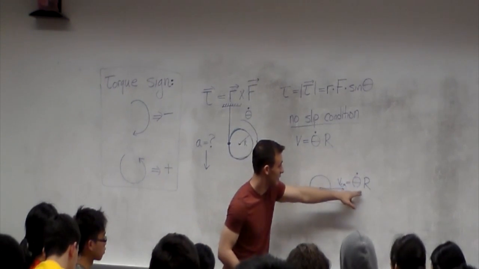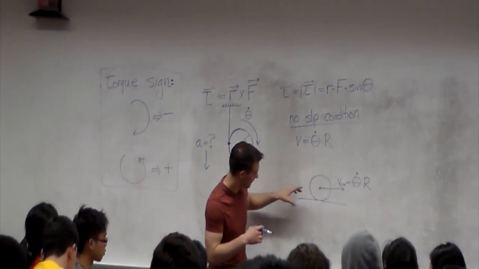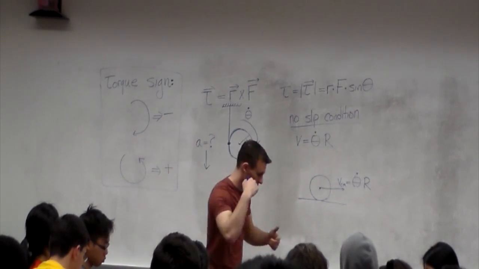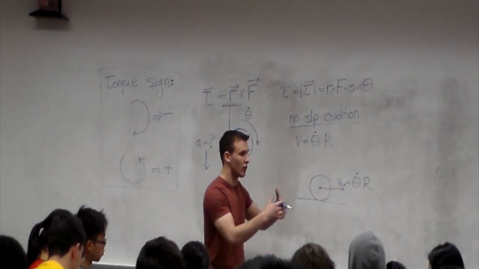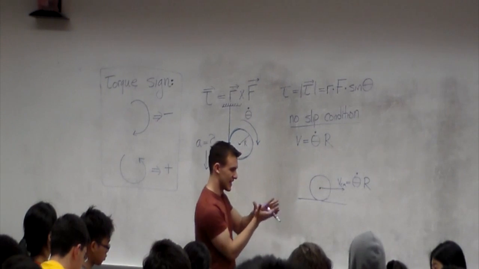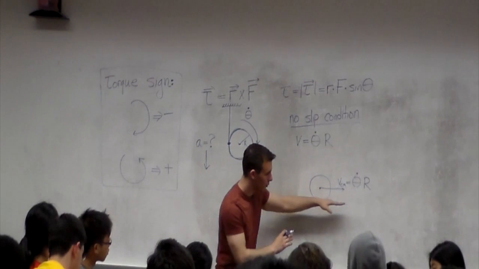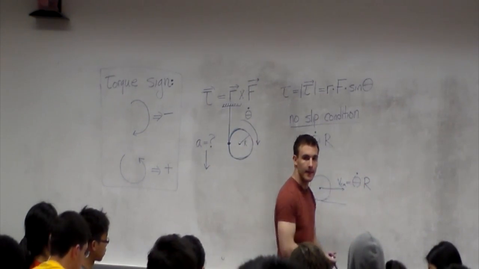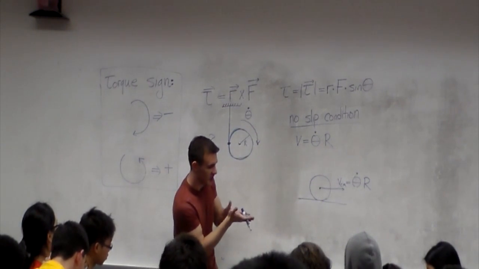So rather than this being too small, which is the case if I'm purely sliding along, I could imagine burning out, in which case my center of mass velocity is not as large as theta dot times r. The no-slip condition is the exact meeting of those two, which is to say, it's not sliding forward, it's not sliding backward. It's just nicely rolling across the ground. And in no way is there any slipping.